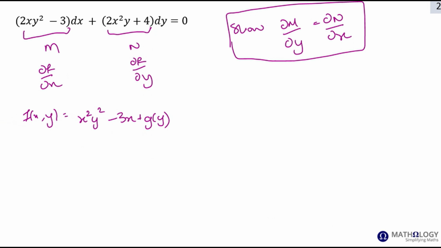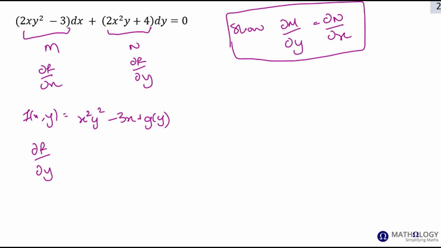We are now going to take the partial of f with respect to y. The reason is we want to match this expression for the partial of f with respect to y back to N, since we have an expression for N, which is the partial of f with respect to y. We want to match those two expressions up to find what this function g of y is, and hence find what the function represents.